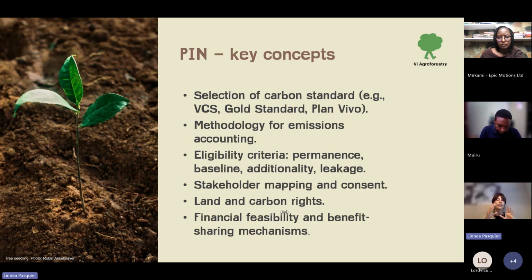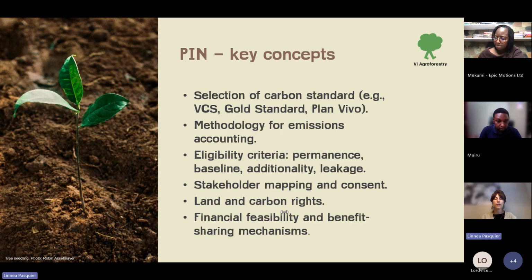Each standard, like VCS for instance, has a bunch of different methodologies available for the project developer to select from. So it can be methodologies for afforestation or revegetation or many different things. You have to select the methodology that you think is suitable for your project idea.